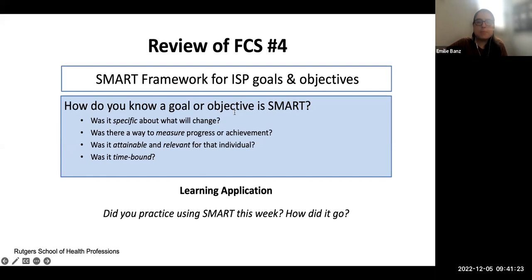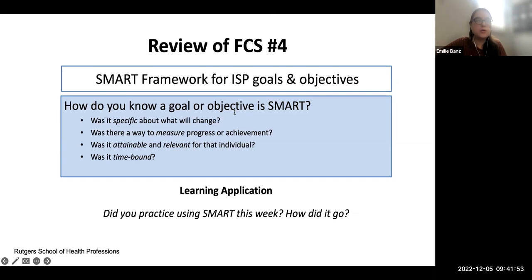So what I will say is we definitely suggest that when you have the opportunity, when you are developing ISPs, that you do try to practice the SMART framework. But even if you're unable to rate an ISP because it's just not time for a plan to become due, after this session, I definitely recommend that you go back to some of the previous ISPs that you've written, or even review some ISPs maybe that you haven't written.